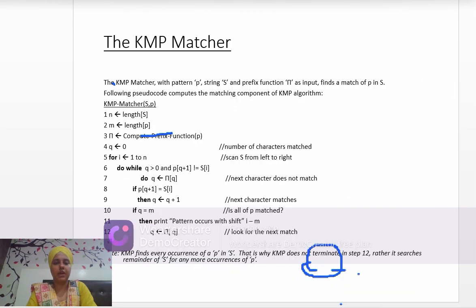So now we will move to the KMP Matcher. We will see the algorithm now. In the algorithm, first we find out the length of the string. Suppose the length of the string is 15 and the length of the pattern is 7.